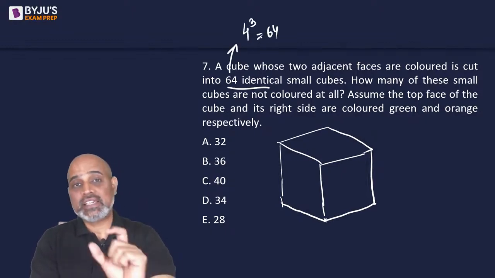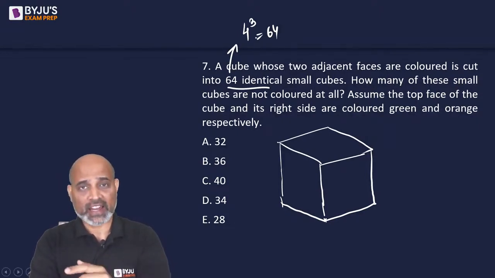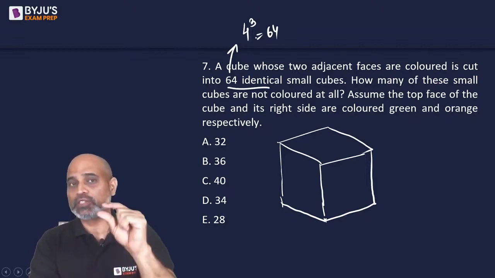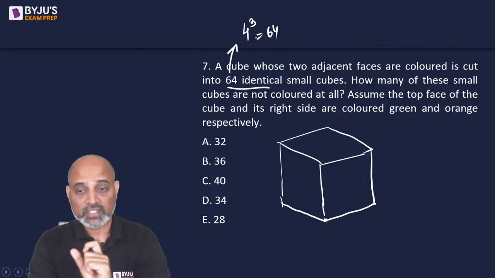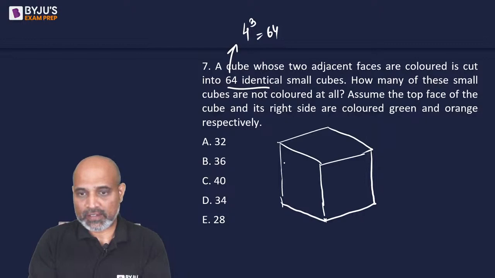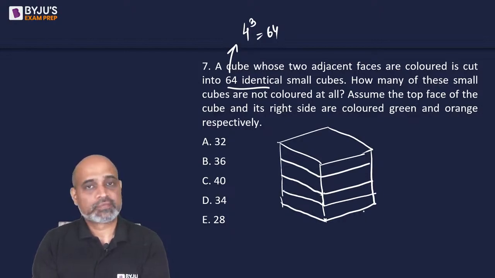4 cubed means along each axis, horizontally, vertically, as in length, breadth, and height, there are going to be 3 partitions, with those 3 slices so that we have 4 slices overall. Okay? So if we do this, it is going to give us 4 slices, right?